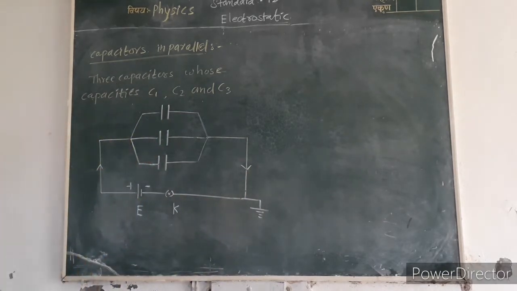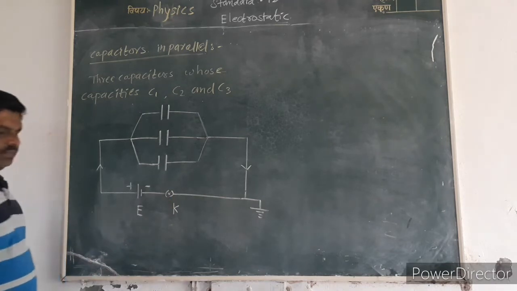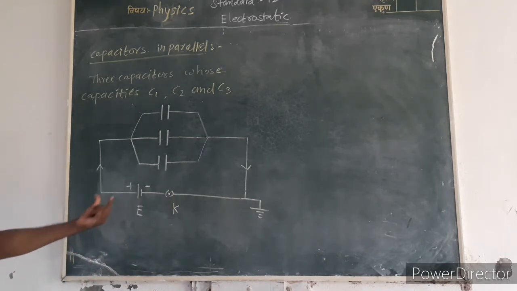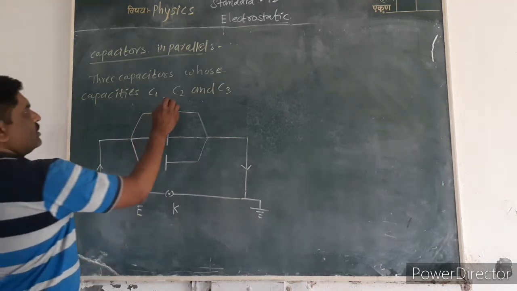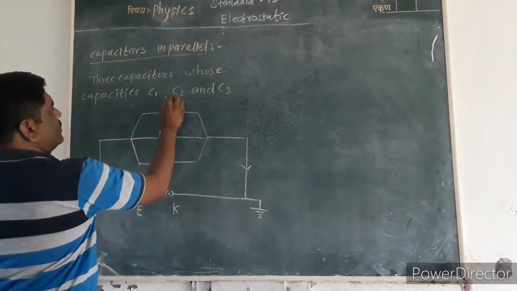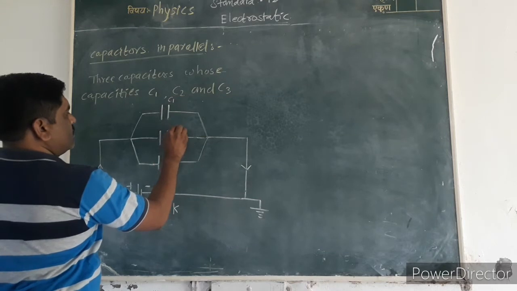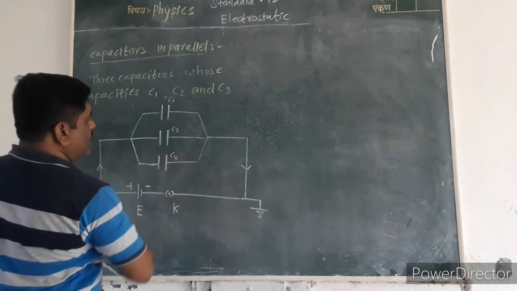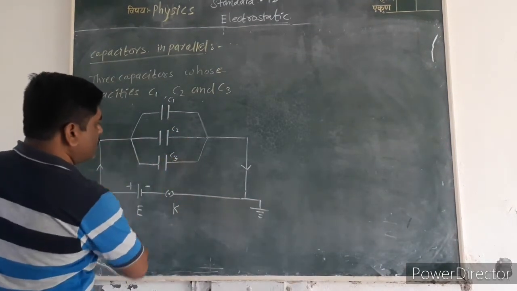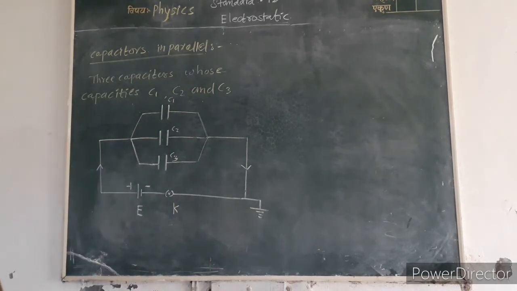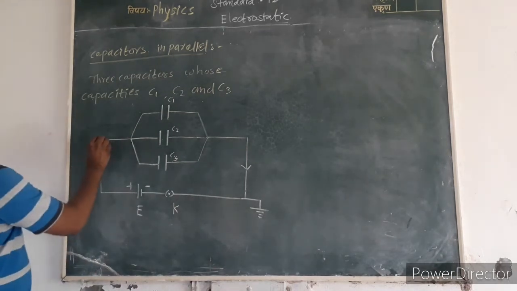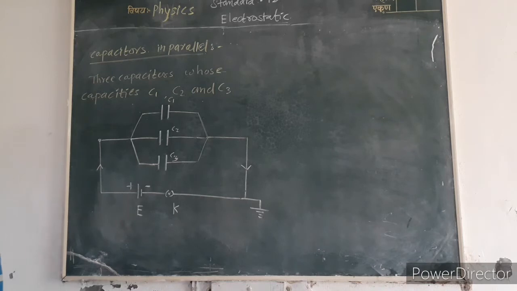If plug K is closed, then the electric current passes through these three capacitors, C1, C2 and C3, and the charge is stored in the capacitors.